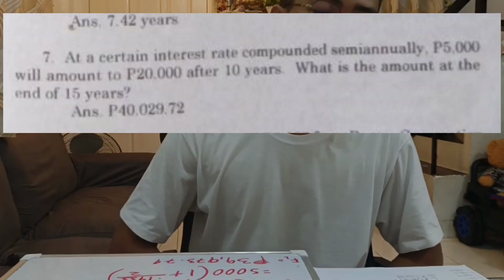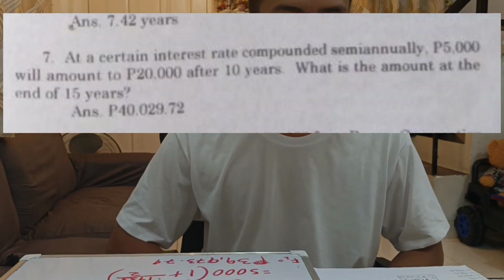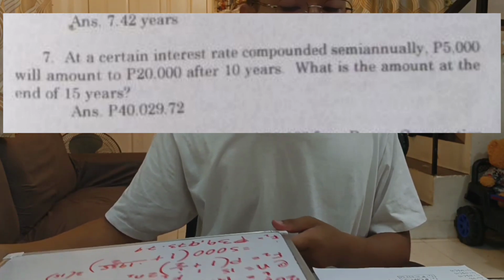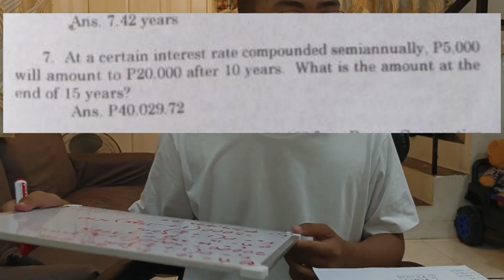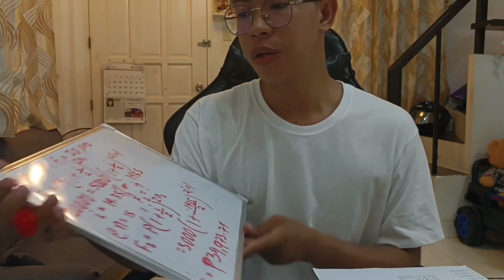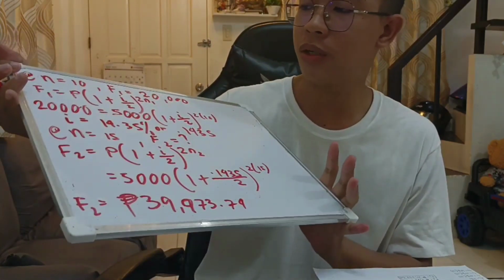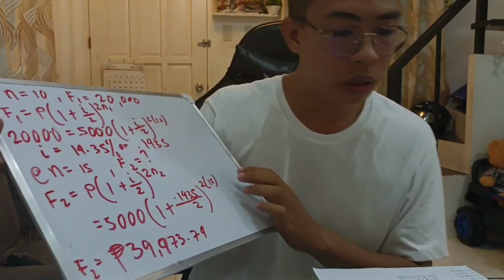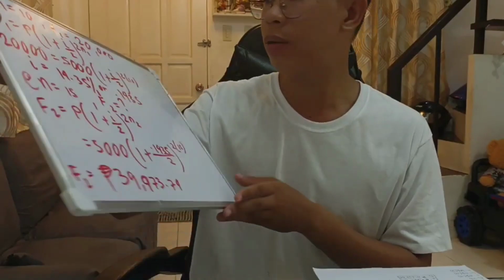Number 7. At a certain interest rate compounded semi-annually, 5,000 pesos will amount to 20,000 pesos after 10 years. What is the amount at the end of 15 years? So we have two equations here. So at n is 10, so 10 years, our F is 20,000 pesos.